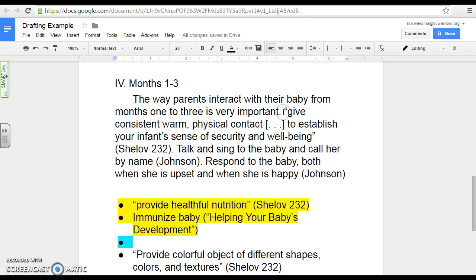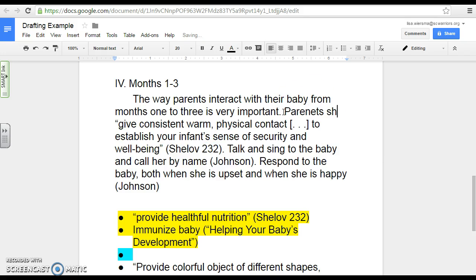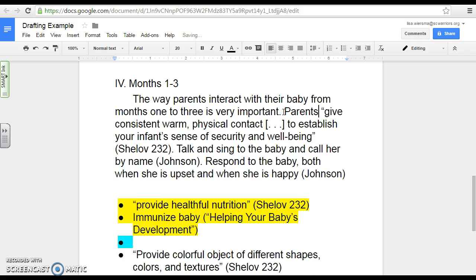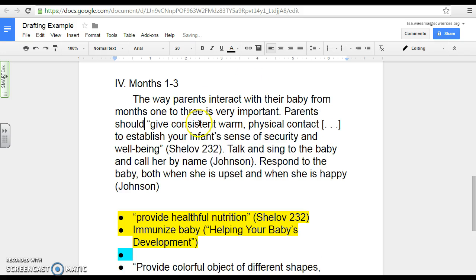So we can put in here, parents should give consistent warm physical contact. Now since I'm changing a word in the text in order to make it flow in my paper, I'm not really changing the meaning of the original, I'm just making it flow. I'm actually going to use brackets to establish their infant's sense of security and well-being.